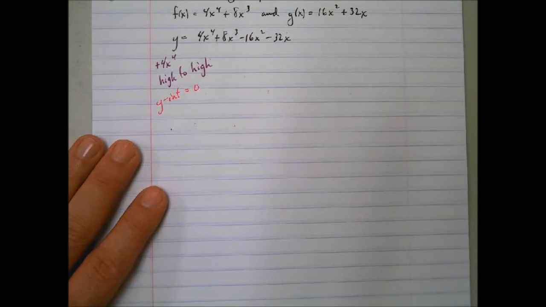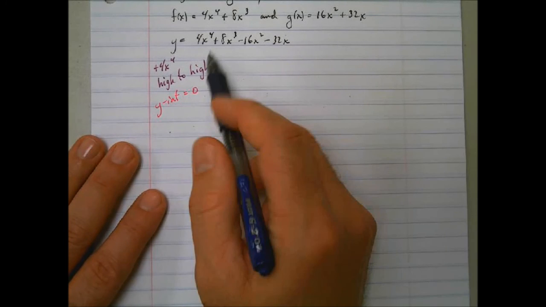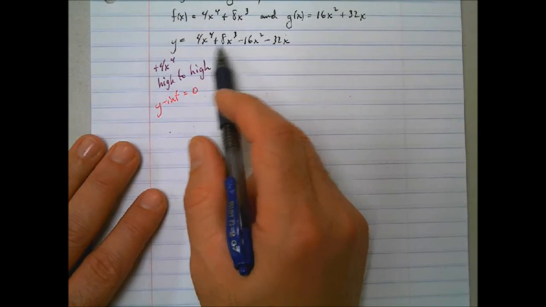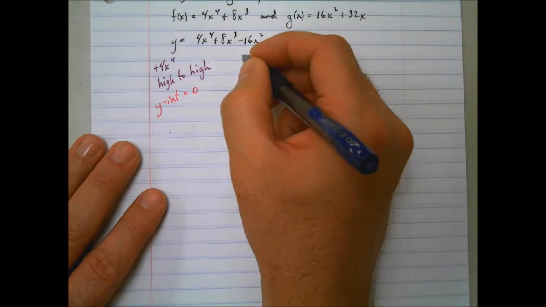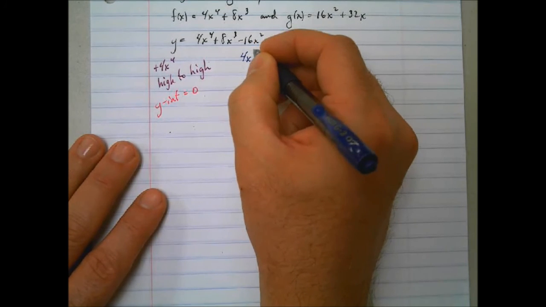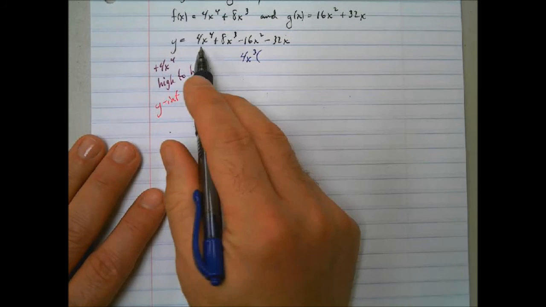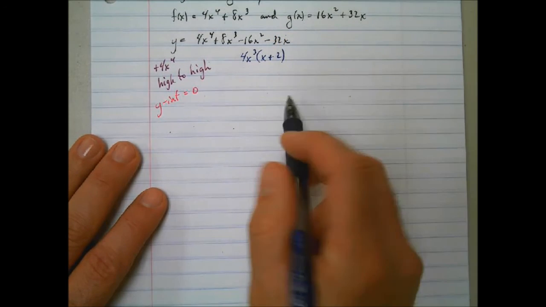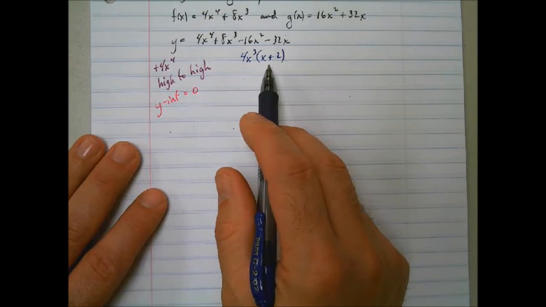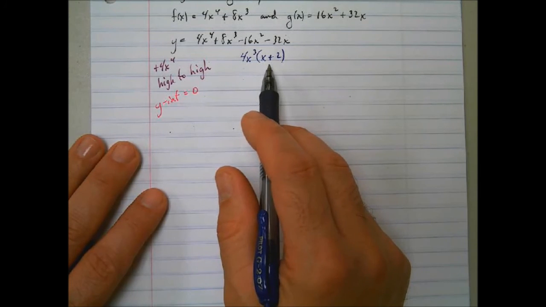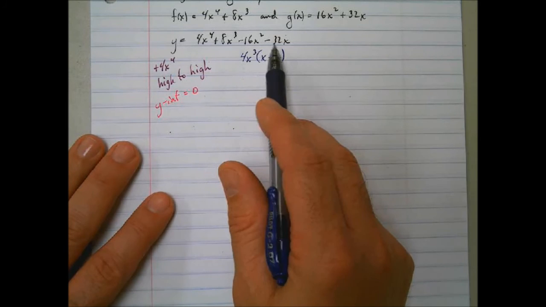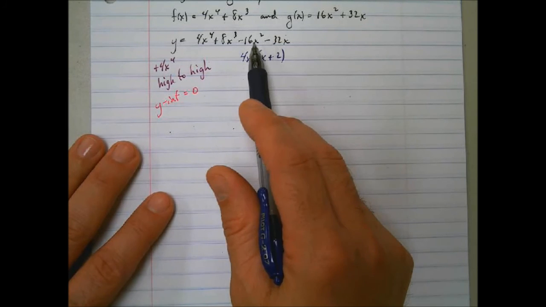Okay, so here we go. 4 terms. Going to do grouping. First two, GCF of 4x cubed times x plus 2. So I'm trying to get an x plus 2 in this second set of parentheses. So there's the negative 16x squared minus 32x. They're both negative.